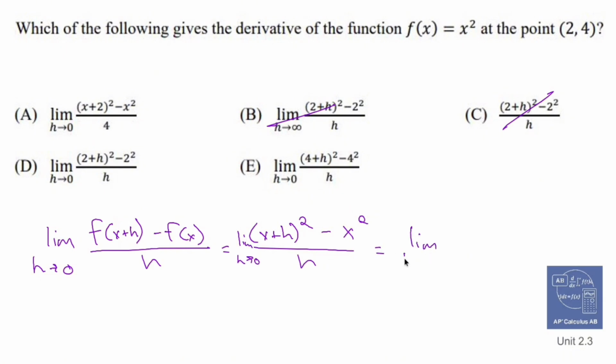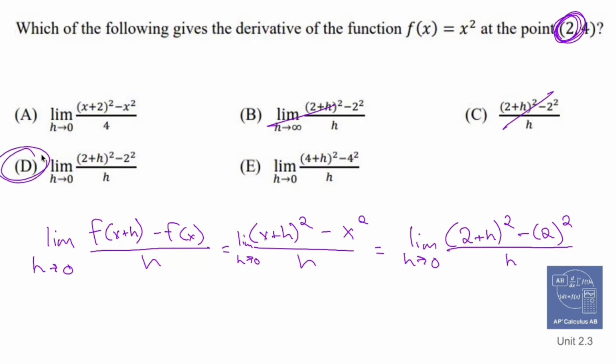Now, I could take this one step further because they want me to use the point 2, 4. I only care about the x value. So this is going to become the limit as h approaches 0 of 2 plus h squared minus 2 squared all over h, which, looking at my options, appears to be the one.